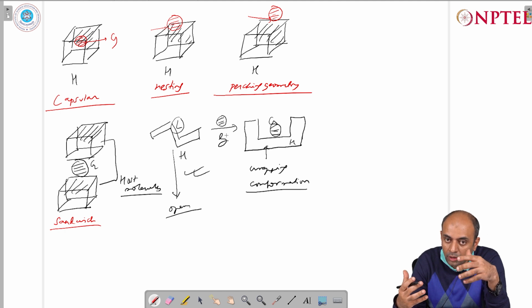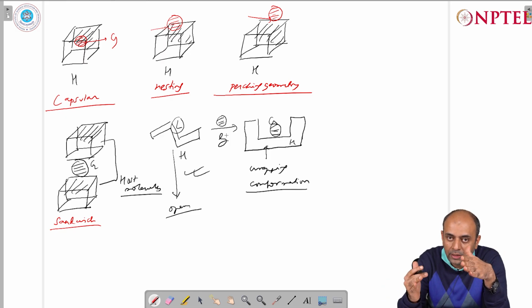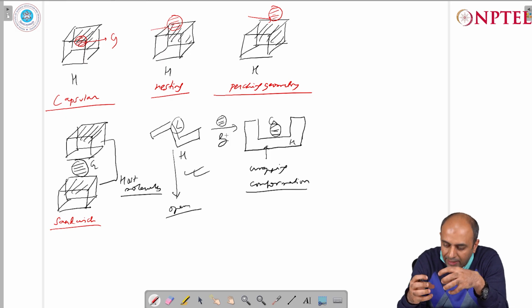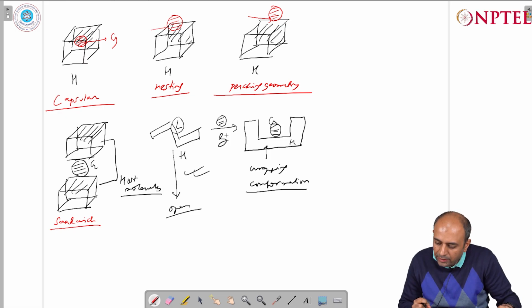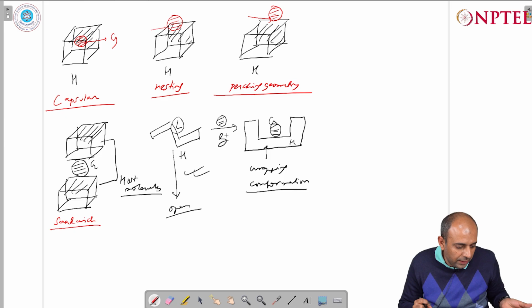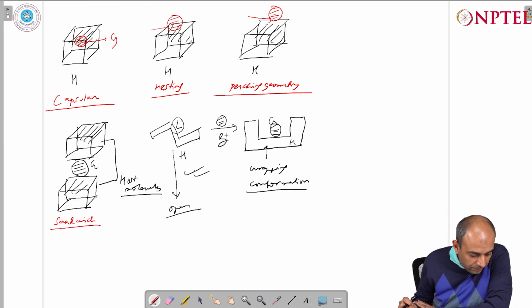So we call them essentially covalent bond formation, but they originate from a sensing mechanism where the ligand changes its conformation and wraps itself around the guest to effectively encapsulate and capture the guest molecule. So these kind of association processes are extremely important, and this is what constitutes host guest chemistry.